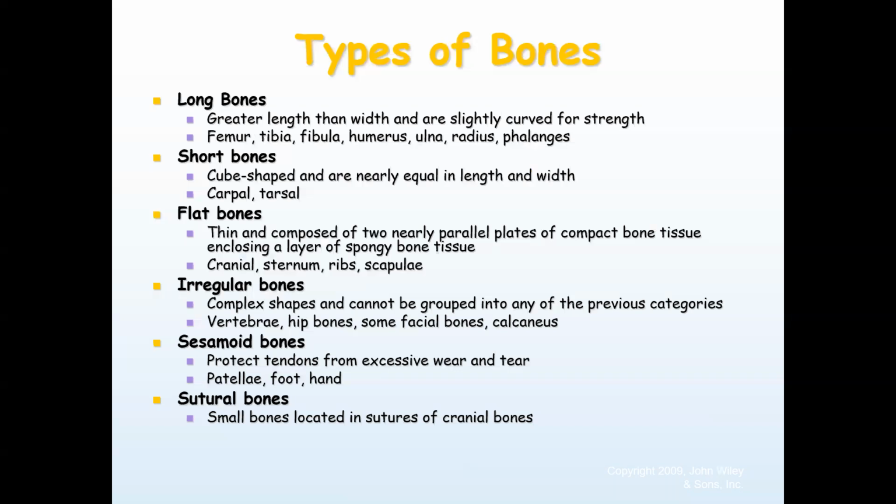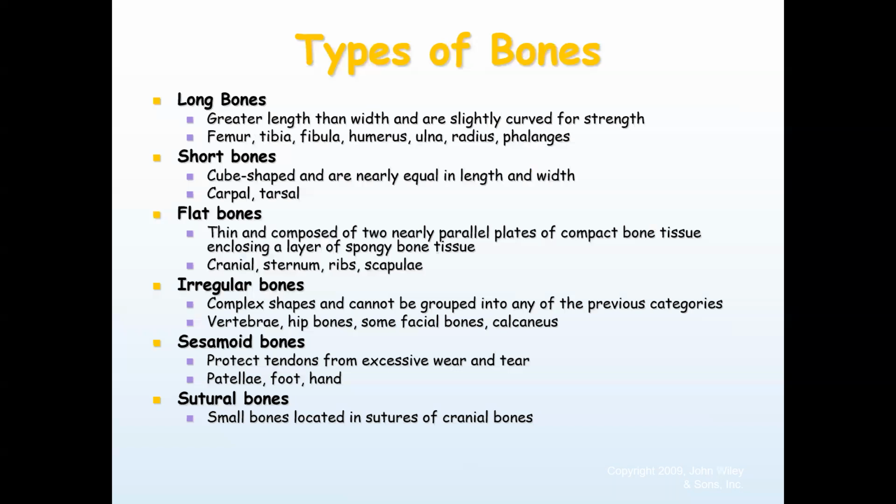All a short bone is a bone that is not much longer than it is wide. So it's a little longer than it is wide, but not by a whole lot. That is why it's, of course, called a short bone. So they tend to be sort of cube-shaped, right? And they're just slightly longer than they are wide, basically, right?